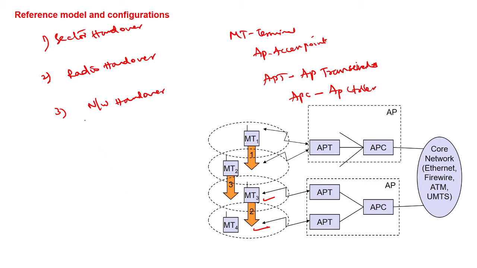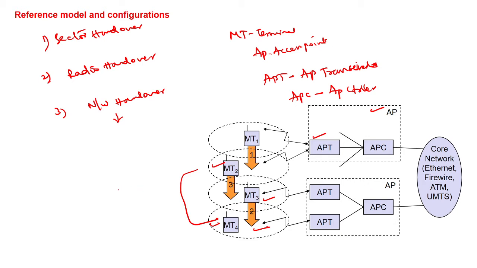And next is the complicated handover, and the complexity exists in this network handover when MT2 of the first APT of the first AP is moving to a different location of MT4. MT2 is of the first APT, the access point transceiver of the first AP, moving to a different location of an APT of a different access point.